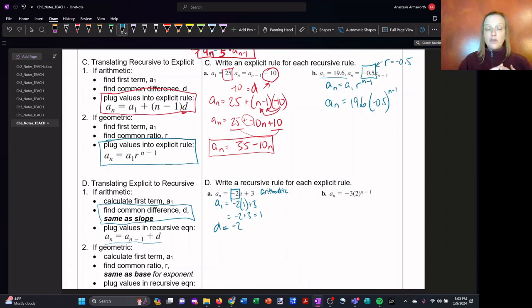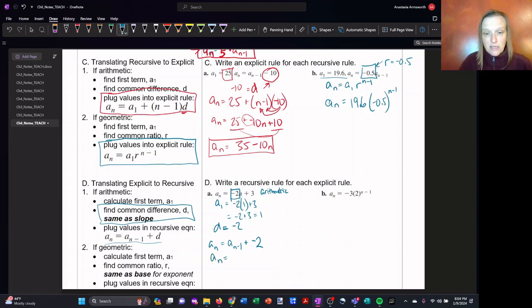Now that I know my first term, now that I know what the common difference is, I can plug those values into the recursive equation. So I can write the nth term of the sequence is the previous term of the sequence plus that common difference, which I know here is negative 2. Now, this isn't fully simplified because I don't usually write a positive and a negative next to each other like that.